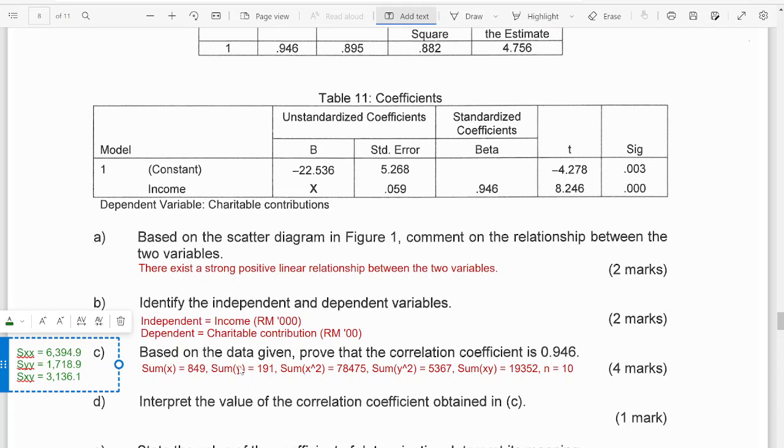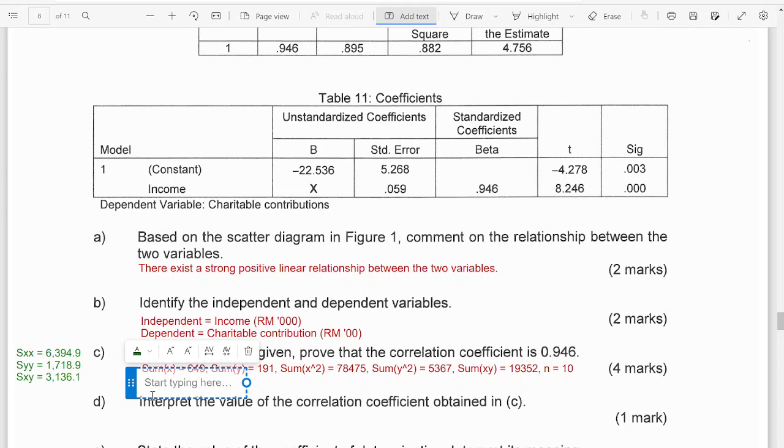Okay, so for this situation, to calculate the value of R, this is simply equal to, apa dia? So kita ambil summation of XY divided by the square root of summation of XX multiply with summation of YY.